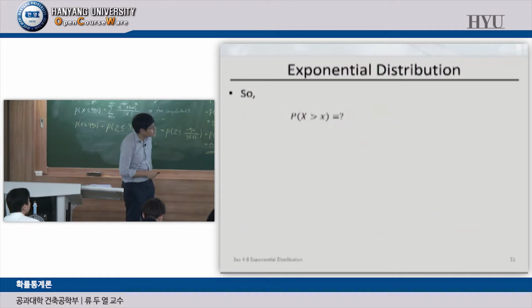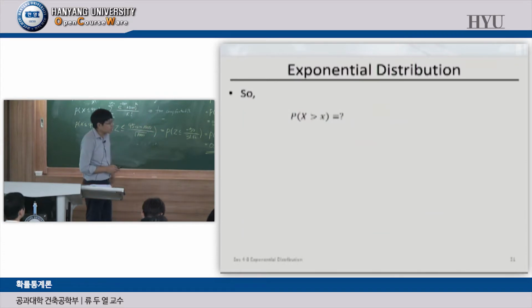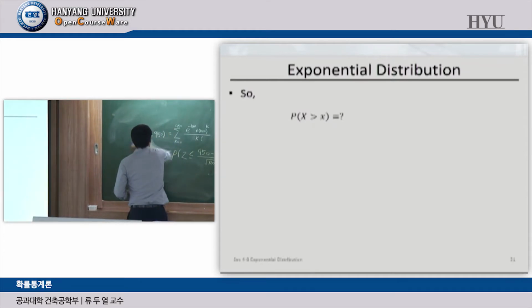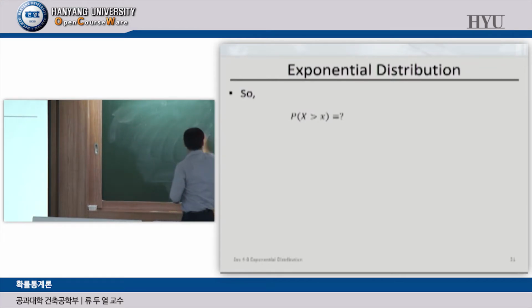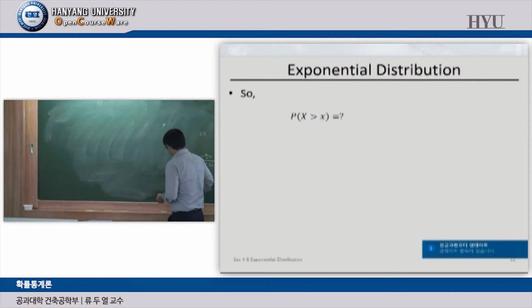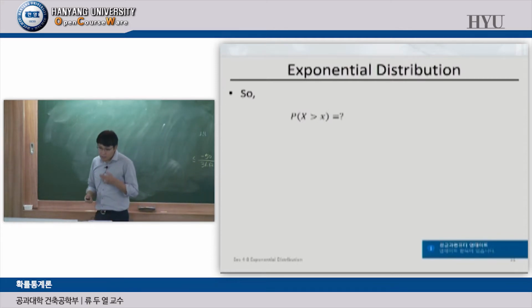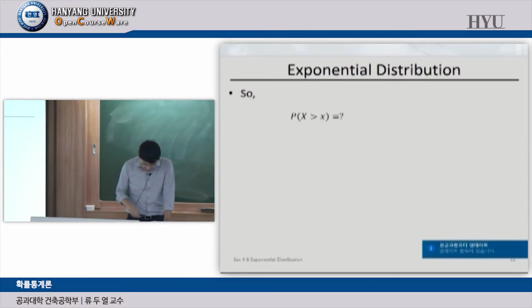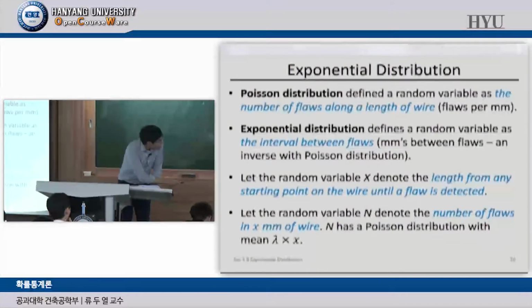So in that case, what is the probability of X when X is larger than small x? That is the question. What is the definition of X? X is the length from any starting point on the wire until the first flaw is detected, right?